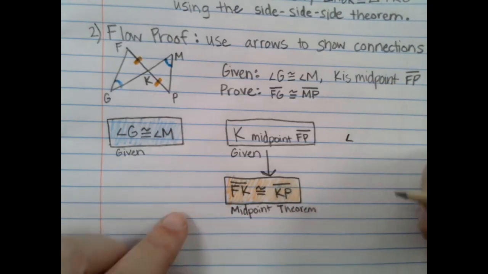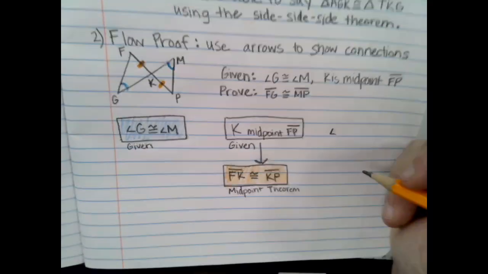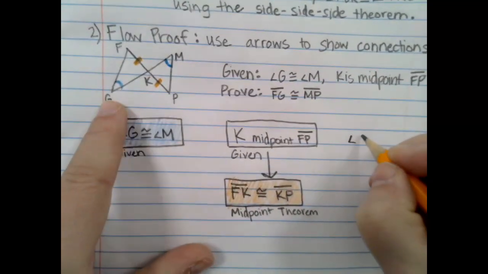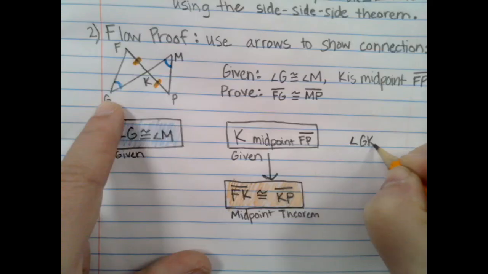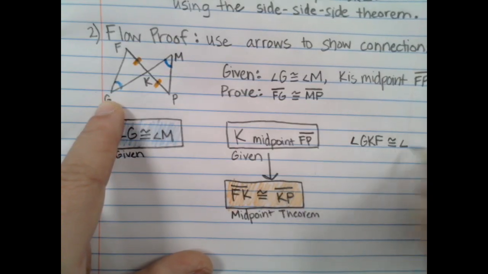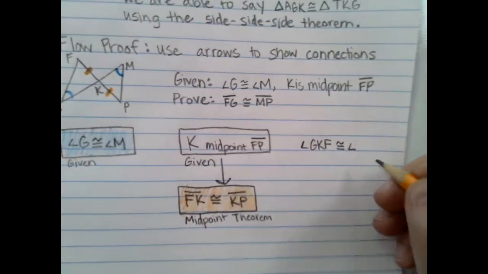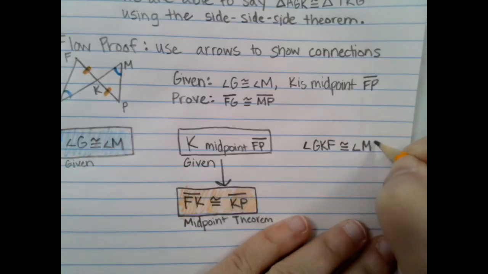So angle, and remember, we have to use three letters for it. So we used GKF yesterday, is congruent to angle, and we said MKP. Sorry, I keep moving my camera.